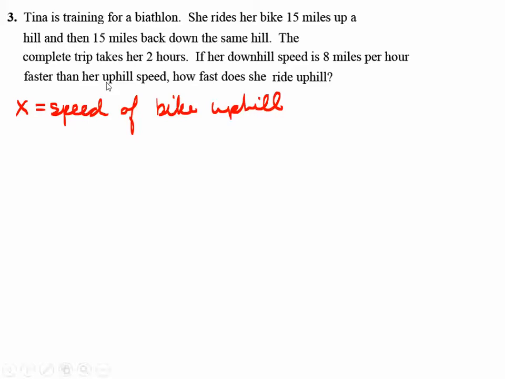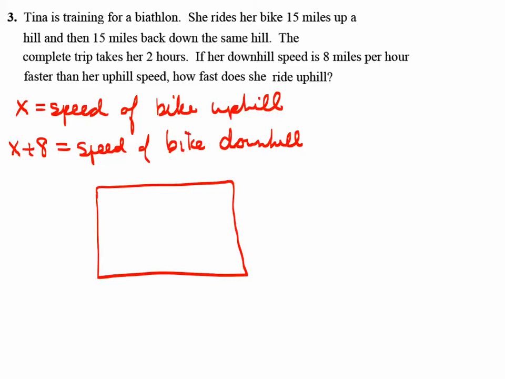X plus 8. X plus 8 would be good. And think about why x plus 8. Read the sentence, see if you find it. Yeah, her downhill speed is 8 miles per hour faster than her uphill speed. So uphill speed is x. That means x plus 8 would give you the speed of the bike downhill.